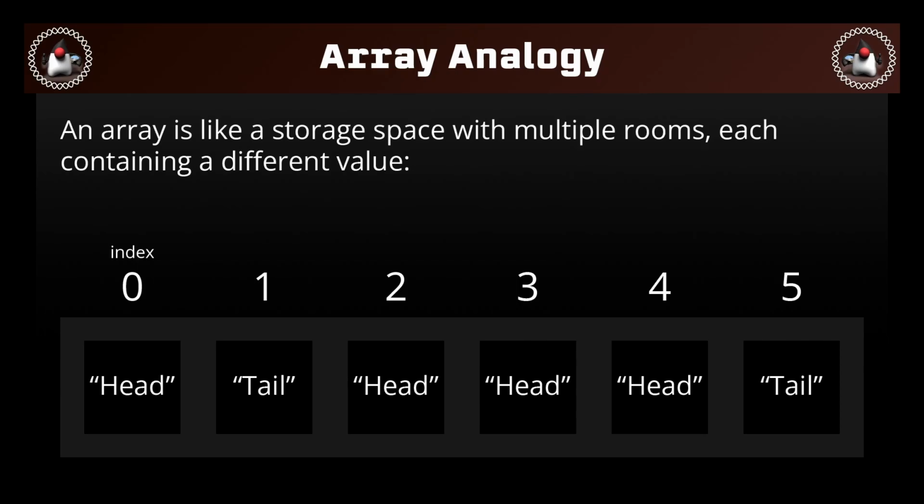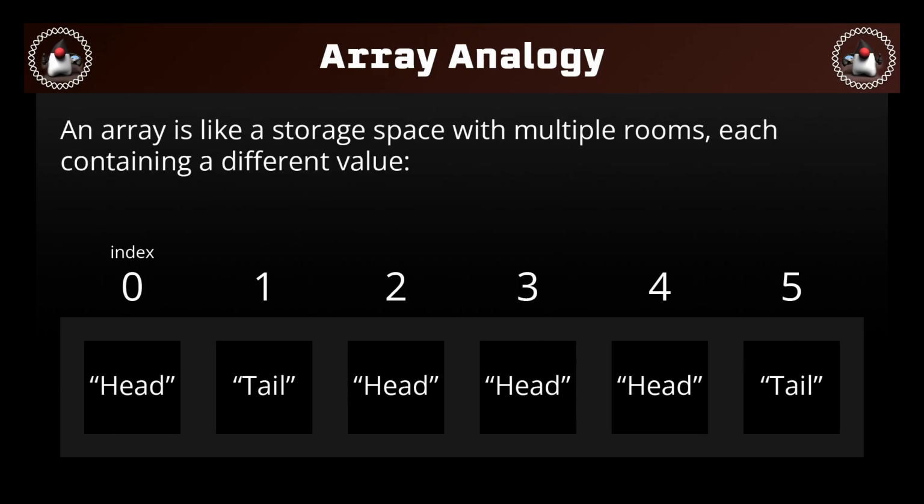So let's say, for this example, we have an array that contains strings representing coin tosses. So the first value, which can be accessed by index 0, has an index of 0, not 1, because array indexes, or the positions of elements on an array, start at 0.